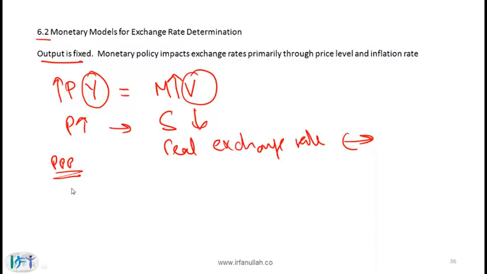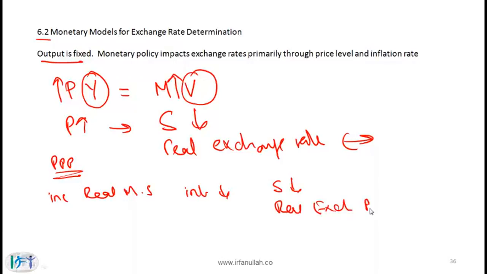So any increase in the nominal money supply will result in an increase in the real money supply. An increase in the real money supply will cause interest rates to come down. When interest rates come down, then both the nominal exchange rate comes down and the real exchange rate also comes down in the short run.